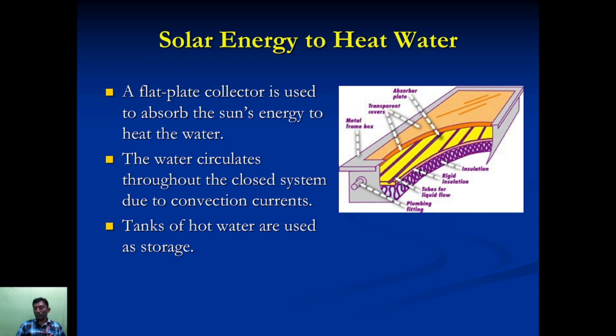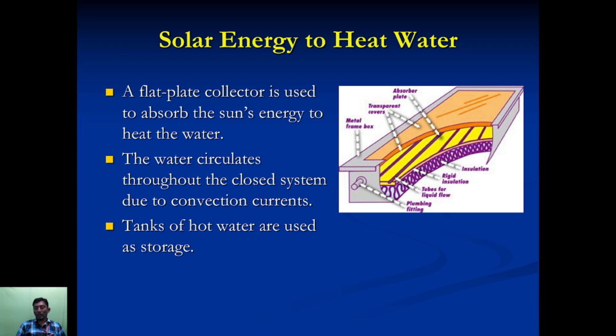That insulation is used to reduce the wastage of heat energy, so it doesn't conduct the heat we have generated. And we have tubes for liquid flow and plumbing fitting also. Through those tubes the liquid is applied.